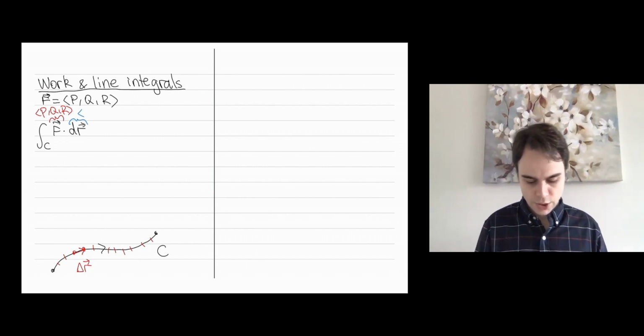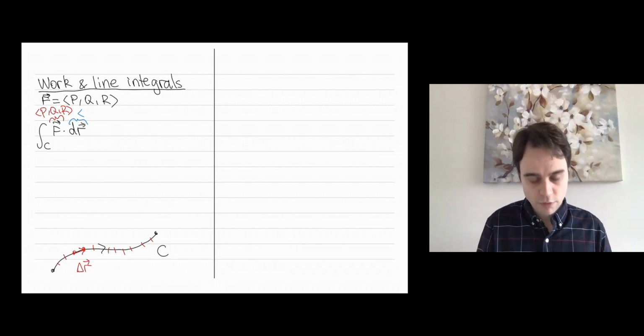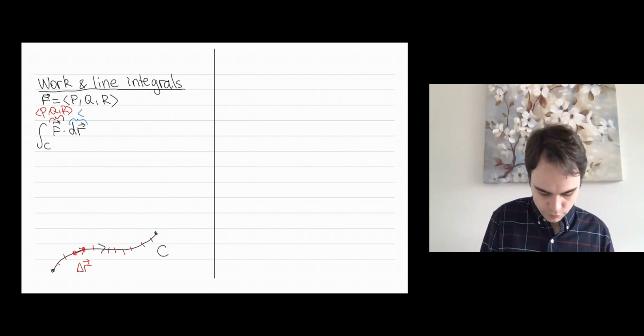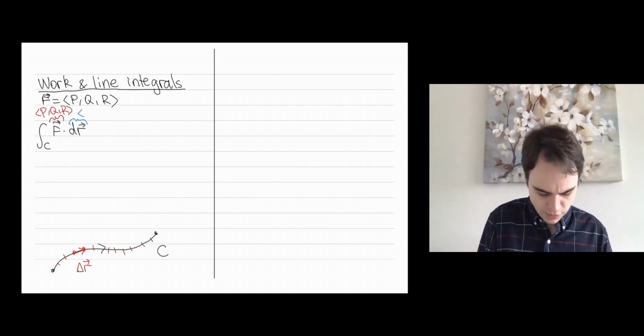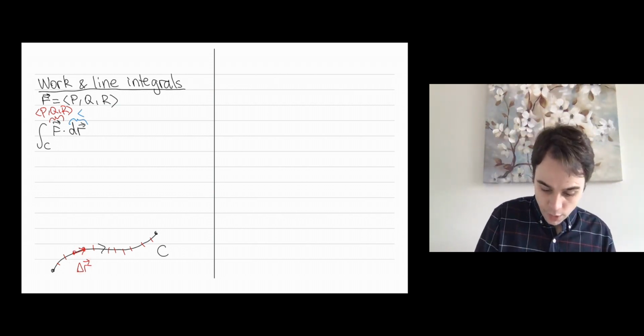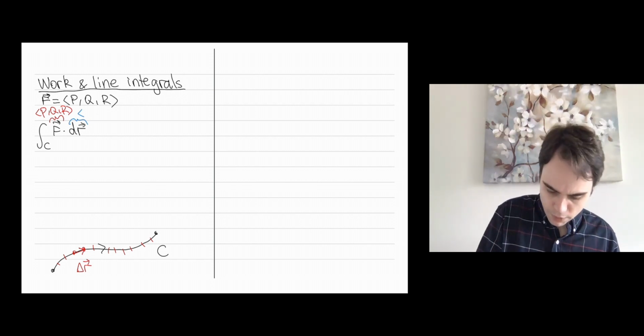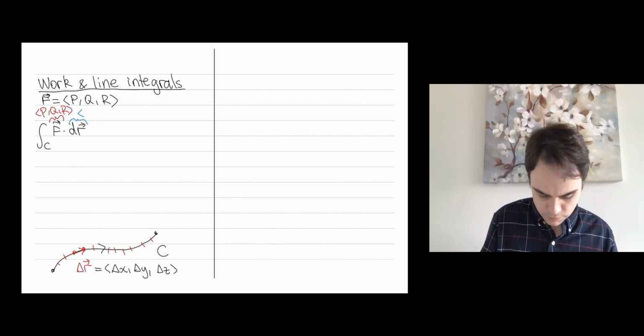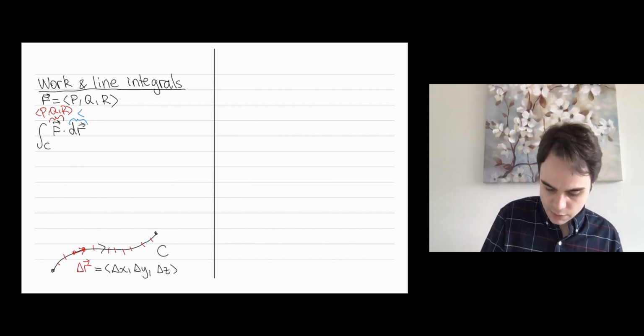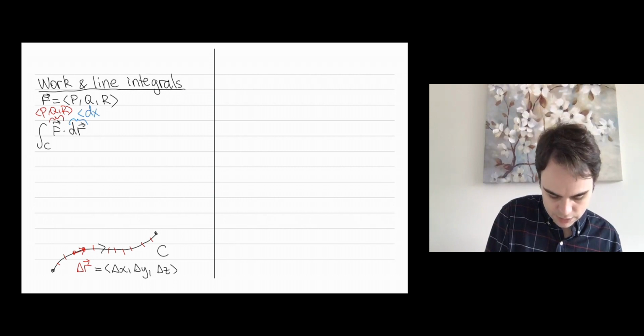So it depends on the orientation. If you change the orientation of the curve, then which piece comes before and which comes after changes, and dr changes its sign. Anyway, dr has components delta x, delta y, delta z, so the infinitesimal version has components dx, dy, and dz.